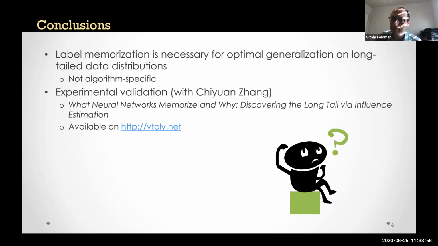Thank you. Another question by Sasha Nikolov. Is it important that the mixture weights are sampled IID from a prior, or are the results robust to other setups? So I think some level of independence is needed.